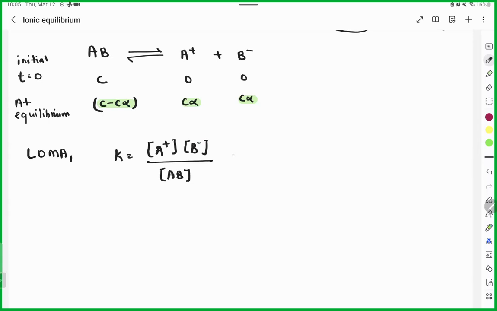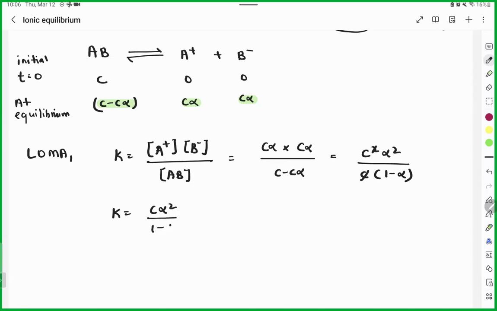So what is A positive ion? C alpha. Multiply with B negative ion, C alpha, divided by AB, which is C minus C alpha. So this is C square alpha square divided by, if you take C common, C times (1 minus alpha). C cancels. So your equilibrium constant is equal to C alpha square divided by 1 minus alpha.